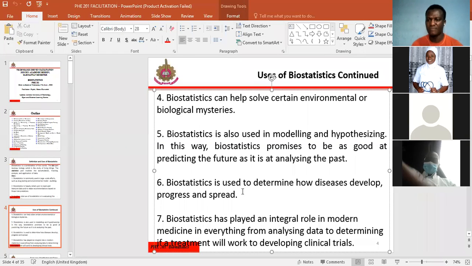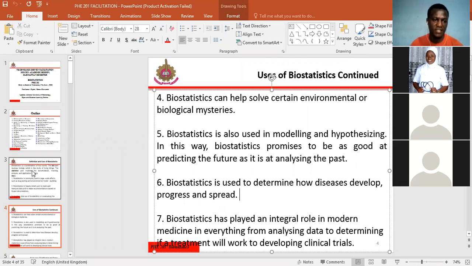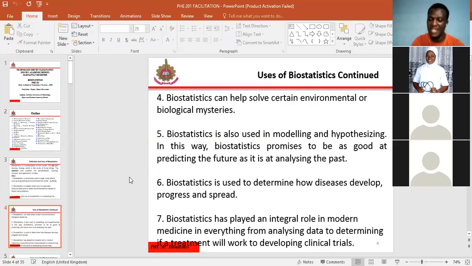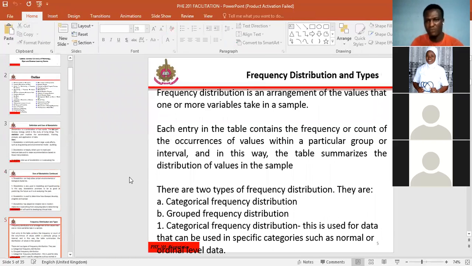And definitely, the result of those will bring about a solution, potential solutions, so to say, to the issue of pandemic or any form of pandemic that is ravaging the world at the moment.